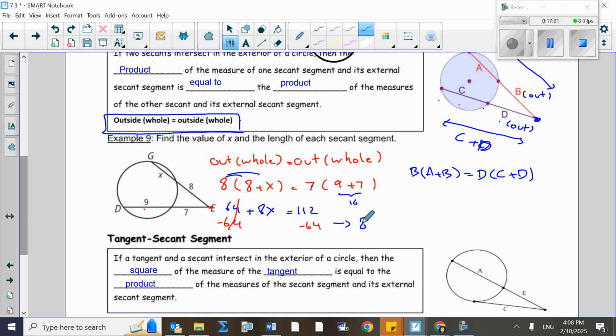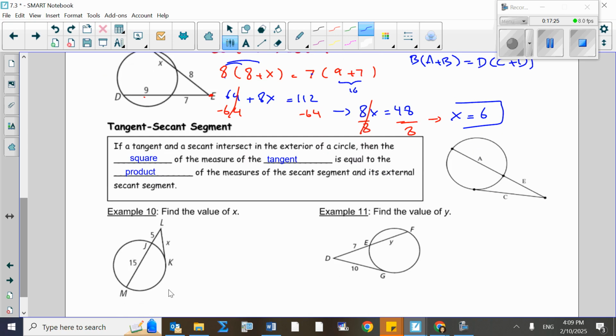It's going to be 8x equal to 112 minus 64, which is 48. Now divide both sides by 8. So x will be 6.